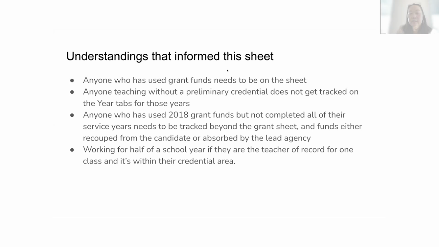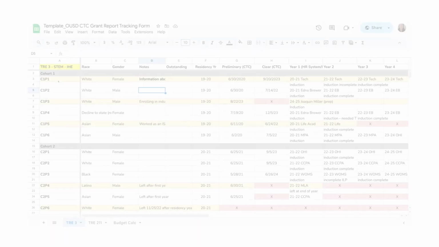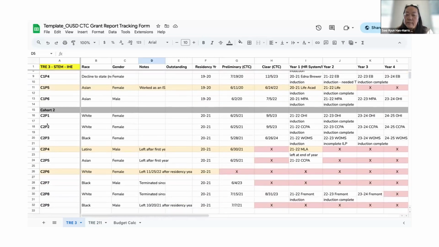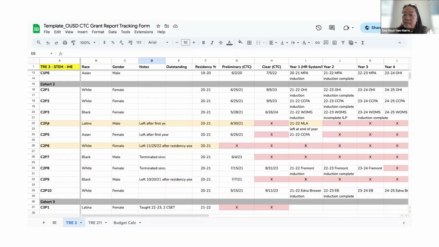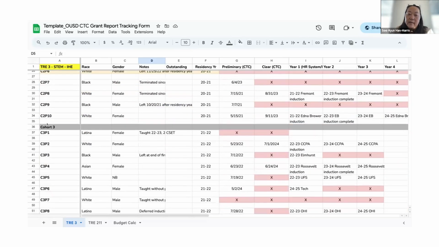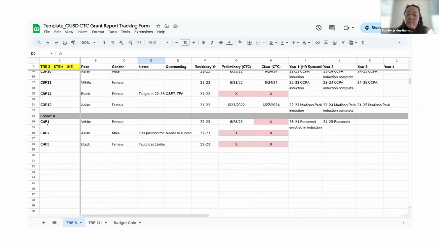I'm going to share the sheet that I created. You can see that I've listed out the cohorts here, cohort 1, cohort 2, and since I'll be sharing this spreadsheet, I removed any identifiers here, and then up to cohort 4.